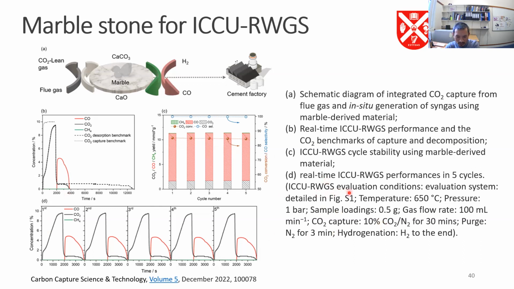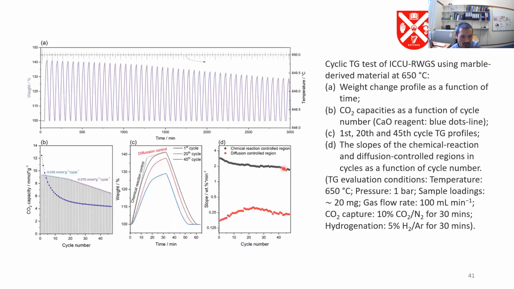I want to emphasize that the use of pure hydrogen for the hydrogenation is very important. The hydrogen concentration also has a big influence on this process. Using marble stone, we did about 20-30 cycles. Actually, the performance gets a little bit worse after 30 cycles, mainly because of sintering of the marble stone during the CO2 capture stage.